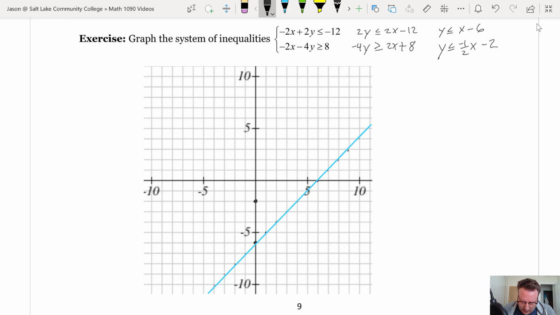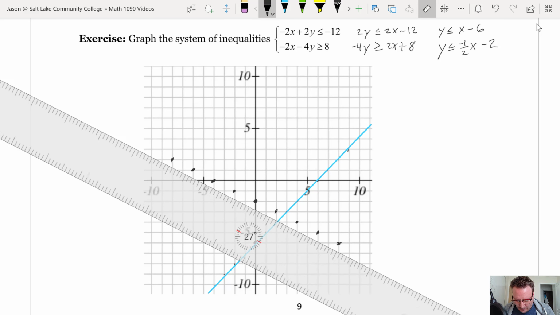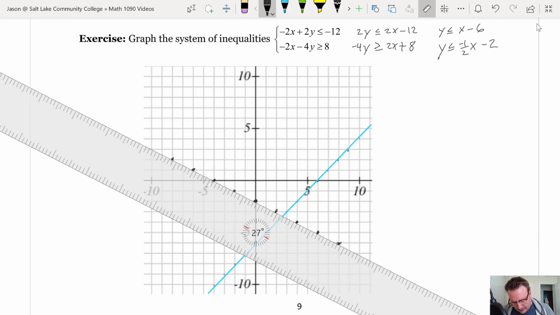So I'm going to go down 1 when I run 2 to the right. Two to the right, down 1, and continue in the other direction. Okay, get my ruler out. We'll connect these points up with a solid green line.